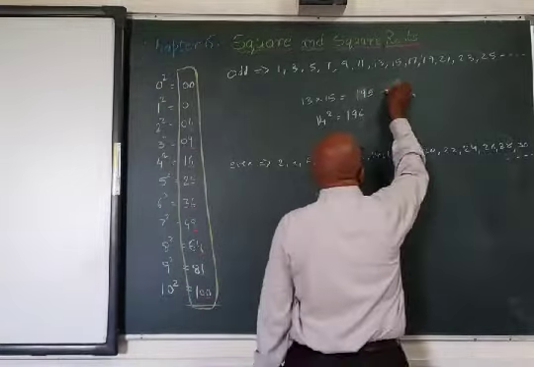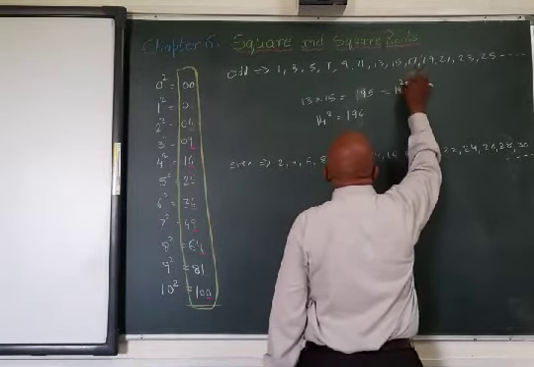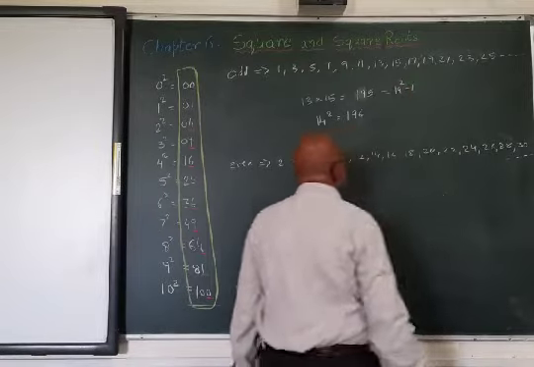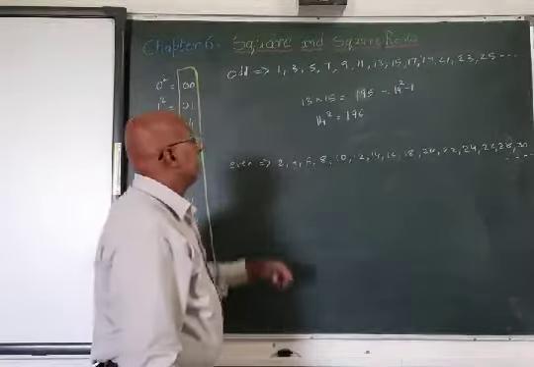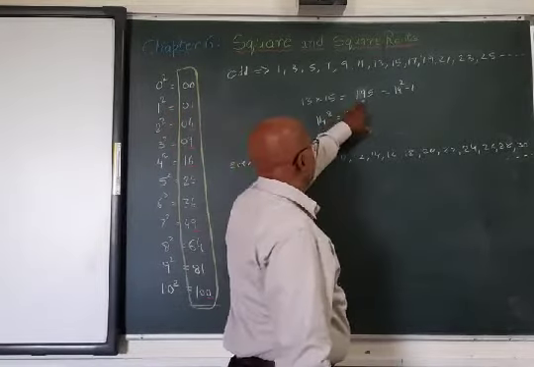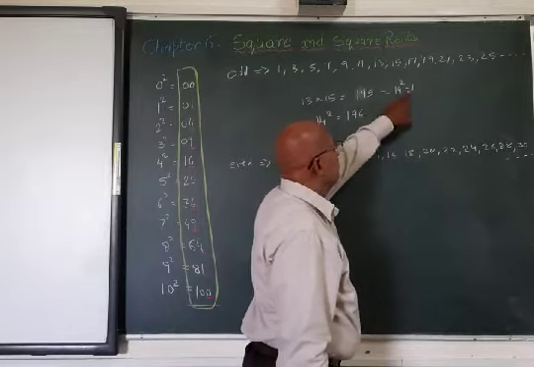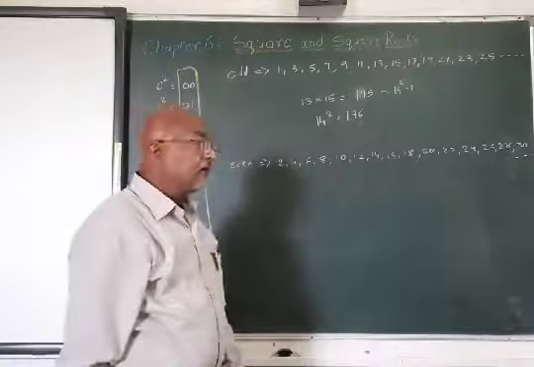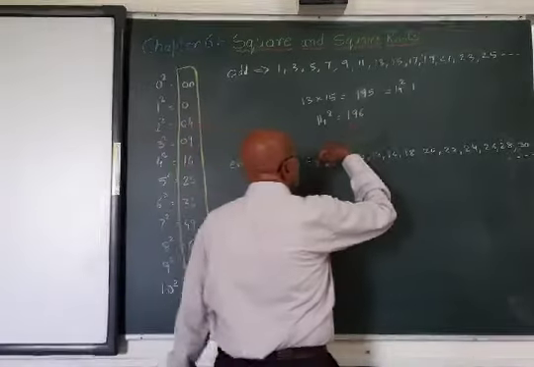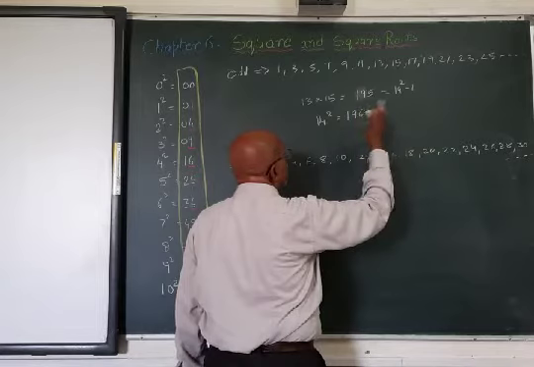So we can write this as 14 square minus 1. See here, it is 195. 14 square is 196. So 196 minus 1 is 195. Got it clear? Similarly, you can easily find out the product of two consecutive odd or even numbers.